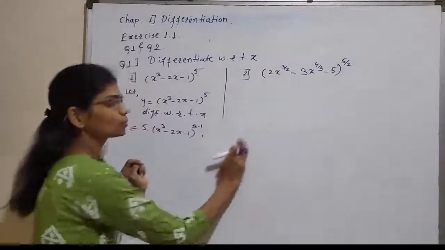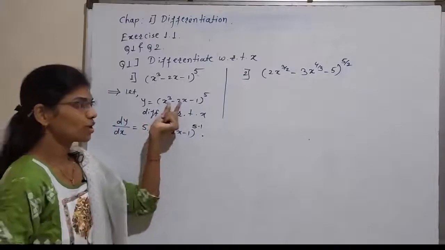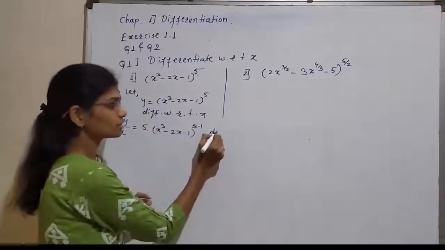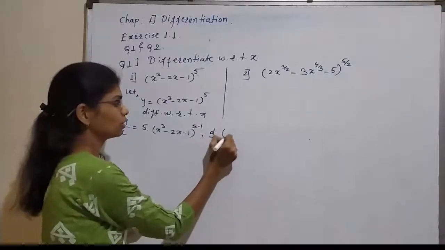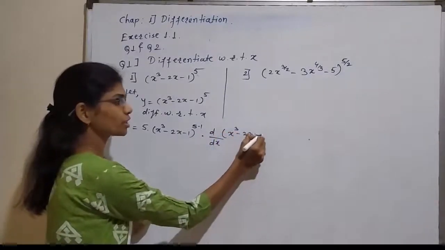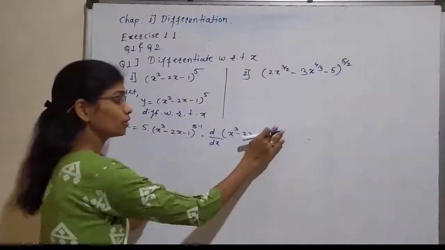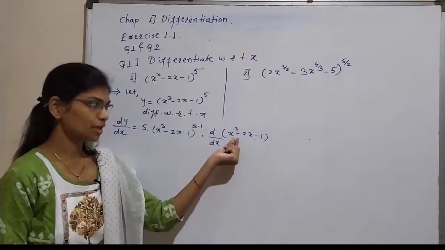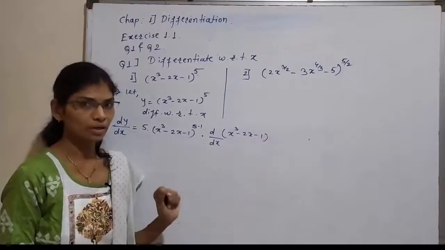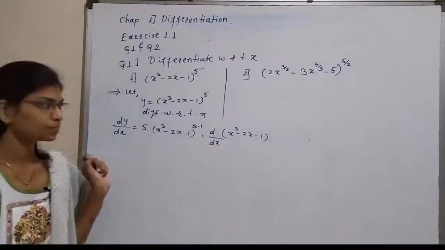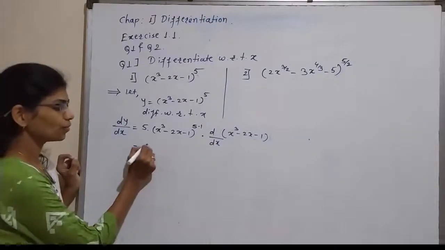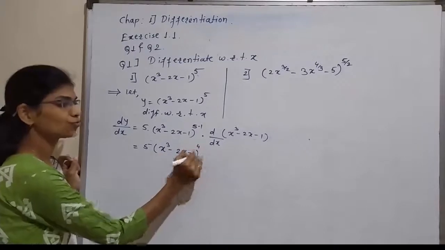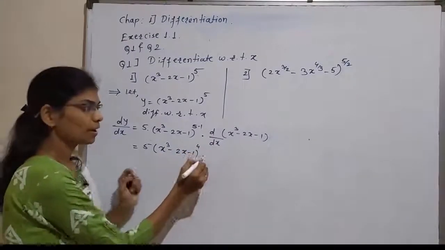This is a composite function. That is why we have to take derivative for the whole function also, and that is derivative of x cube minus 2x minus 1. That is equal to 5 in bracket (x cube minus 2x minus 1) raised to 4 multiply by.